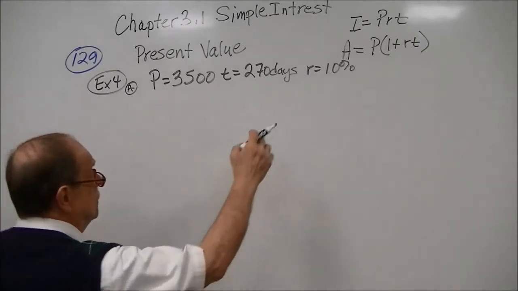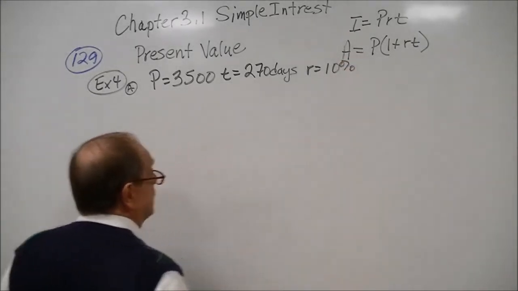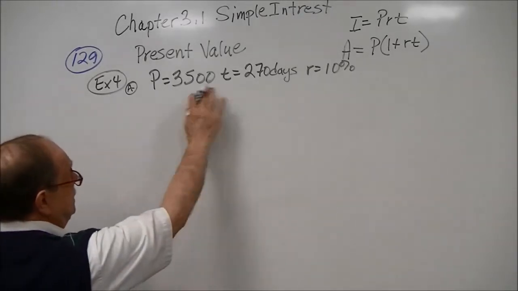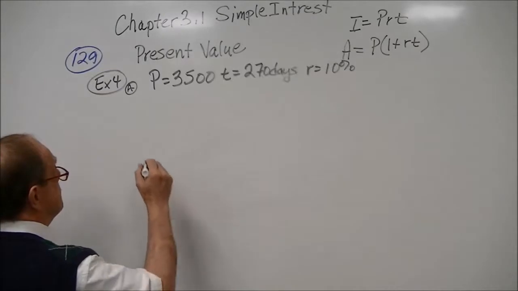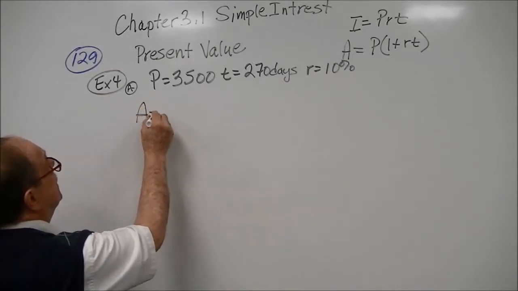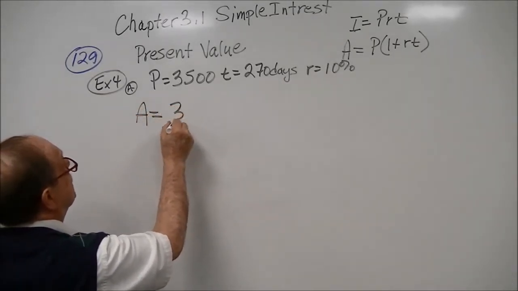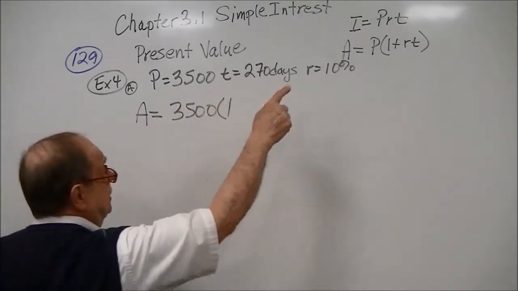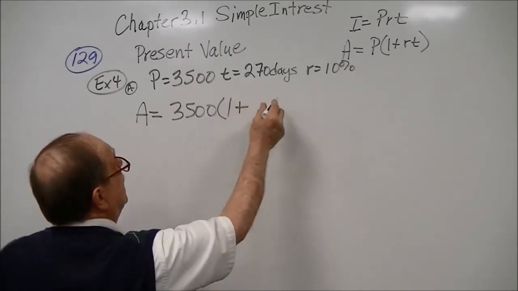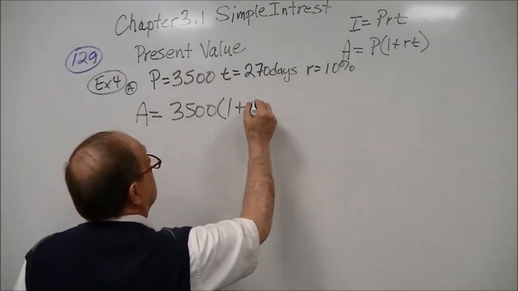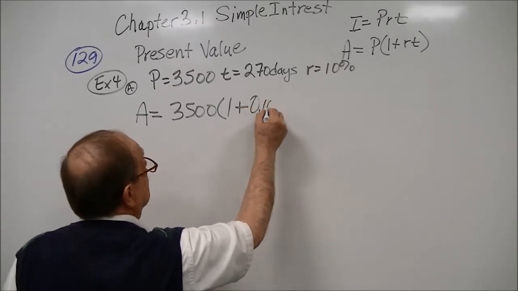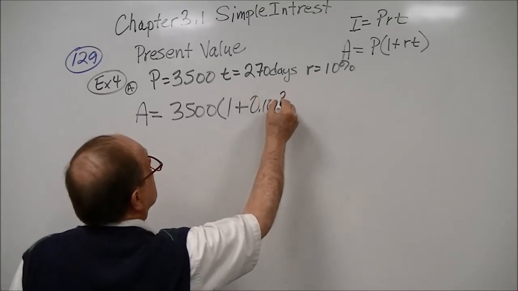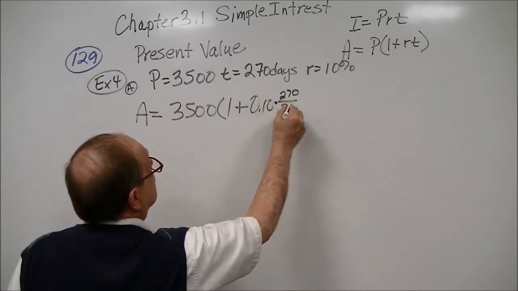So I'm looking then for that current amount in the future, current value of this after this amount of time. So it would be A equals my principal of $3,500 times 1, which is in the formula, and my percent is 10%, and then this is going to be times 270 over 360.